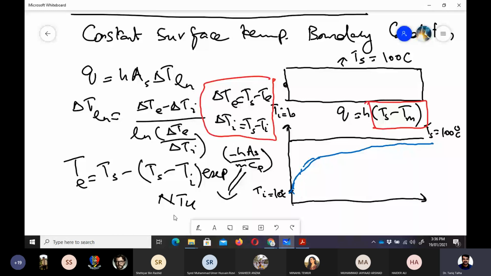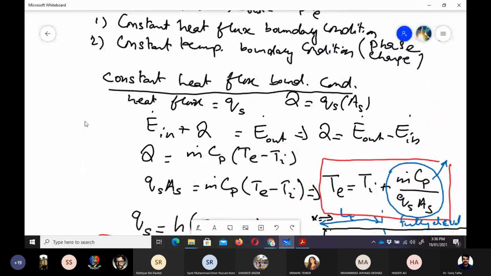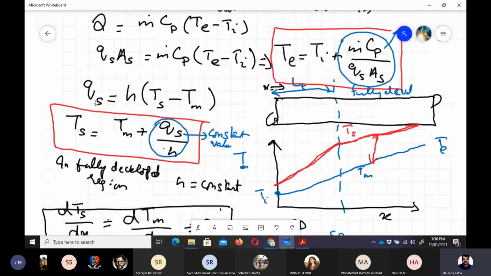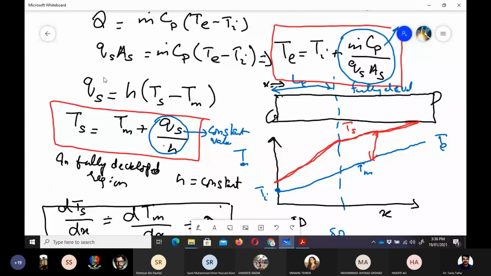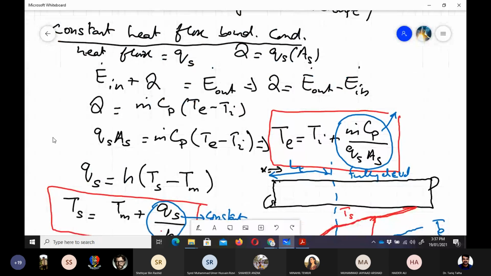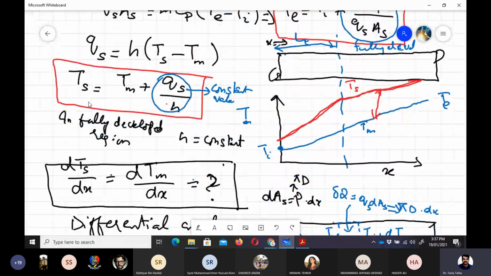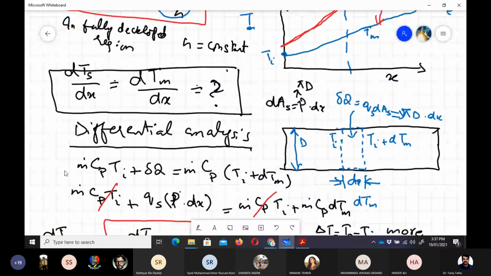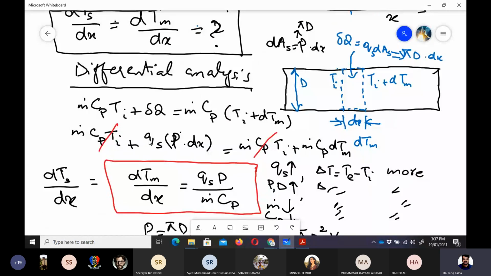If we go back to the differential analysis, here we wrote that Qs into P dx is equal to m dot Cp dTm. So let me do this differential analysis, and write this equation again.